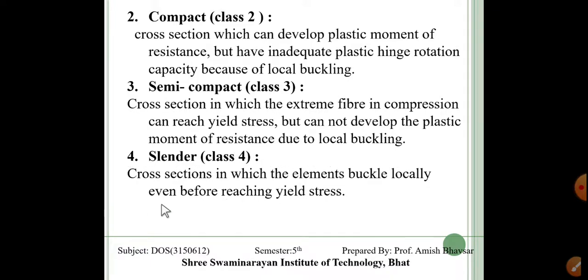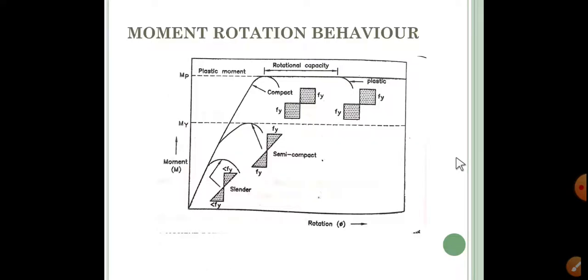And slender: the cross section in which the element buckles locally even before reaching yield stress. These are the capacities. This is the plastic section, this is compact, this is semi-compact, and this is slender. Slender has a small value of moment capacity.